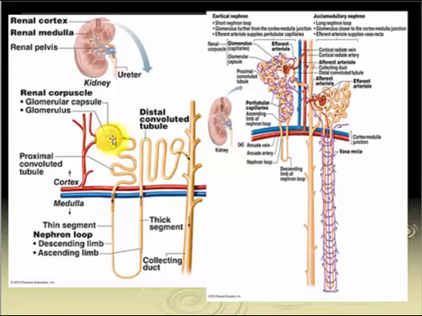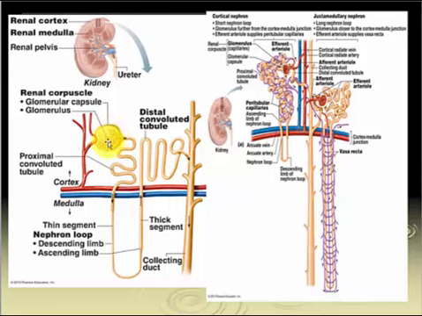Remember, the capillary pressure in this glomerulus is higher than normal capillaries at about 55 millimeters of mercury versus your typical or your normal systemic capillary, which is between 18 and 25-ish millimeters of mercury.